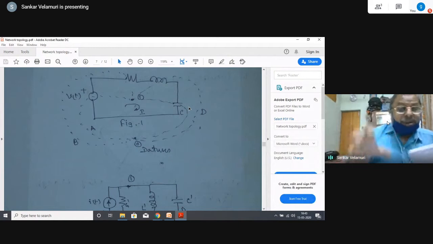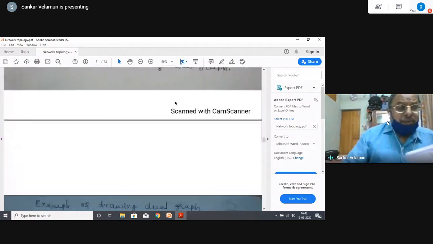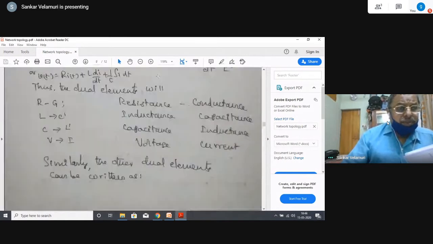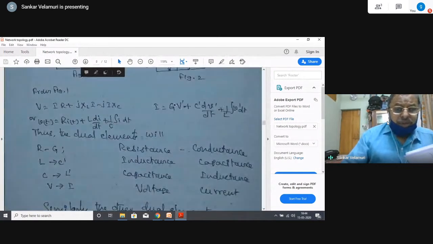But the properties of the elements are that, because of the nature of the equations, you can see the characteristic and the basic mathematical expression is the same. You can see this equation resembles. Mathematically, there is no difference. This is called an integro-differential equation that I have already explained.